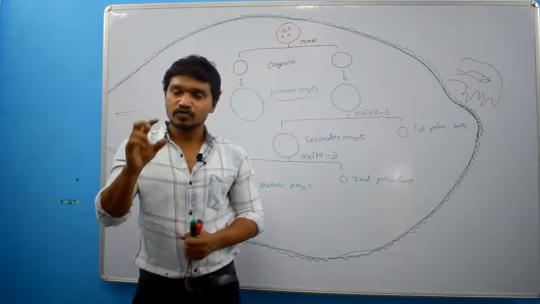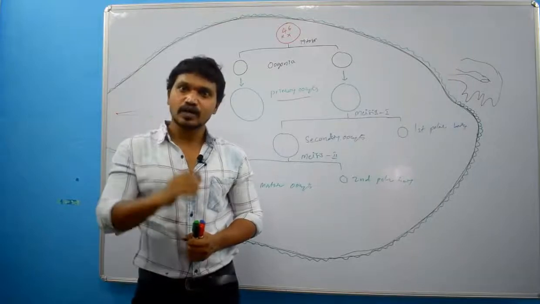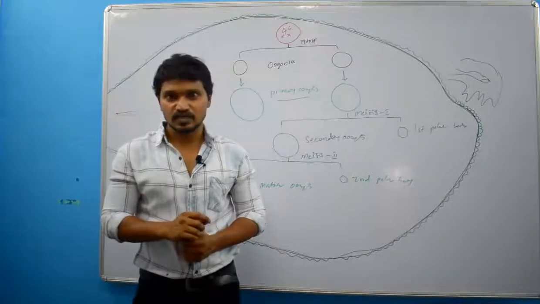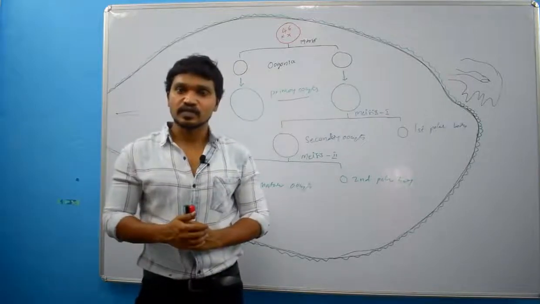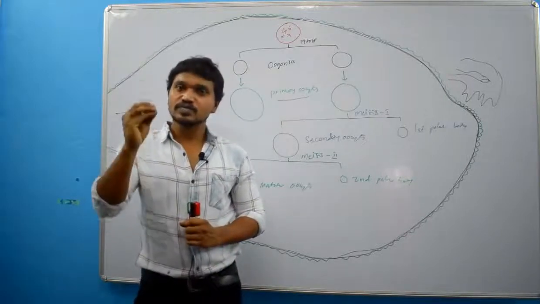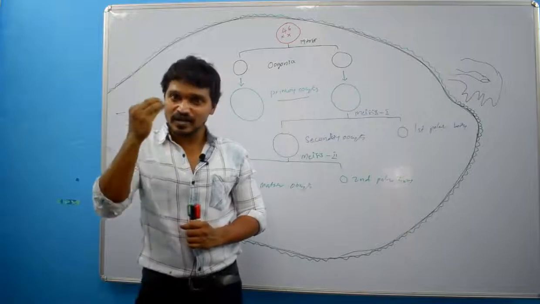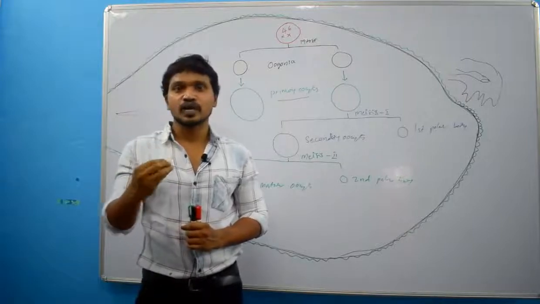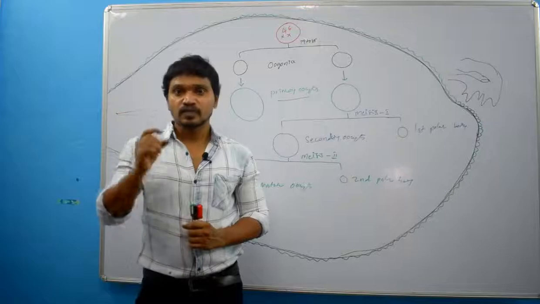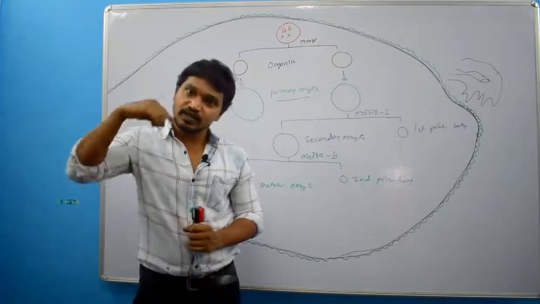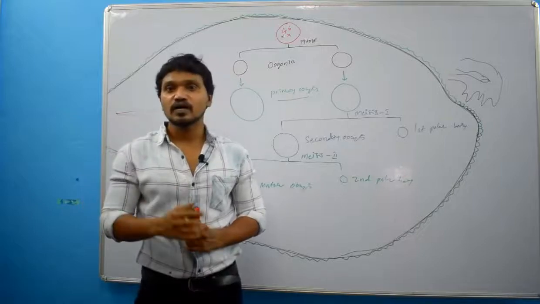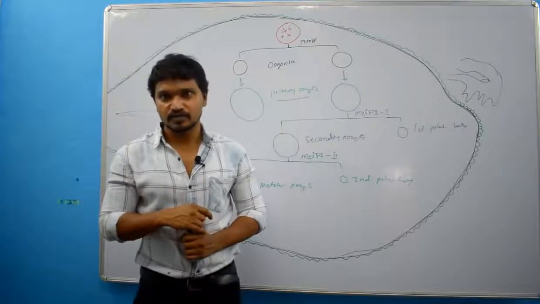Gonadal ridge proliferates to form some cords, what we call sex cords or gonadal cords. The primordial sex cells migrate and incorporate within the sex cords.